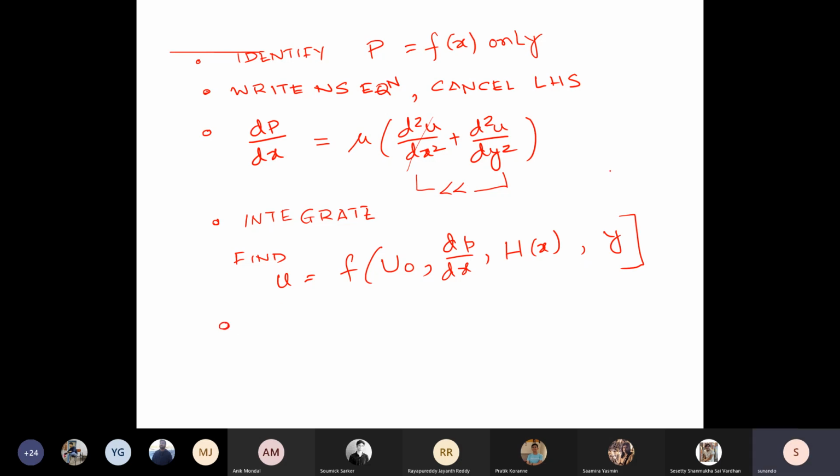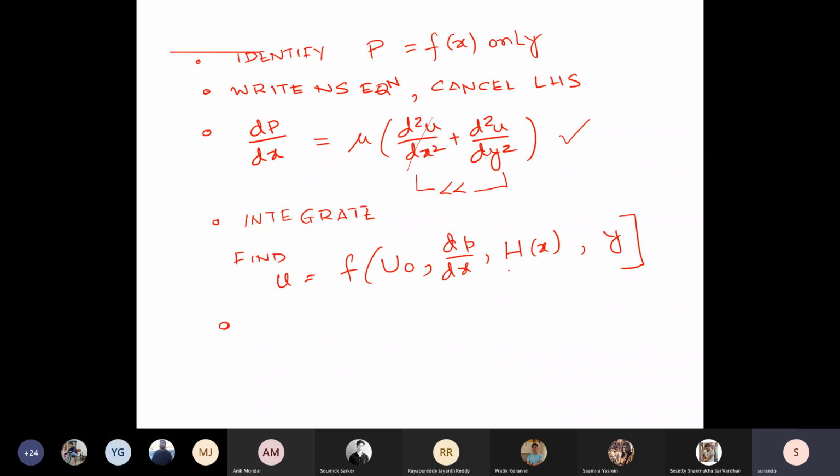In the entire exercise that we have done so far, there is one part involving the understanding where we can approximate the flow to be one dimensional: u changes with y more significantly as compared to the variation of u with respect to x.